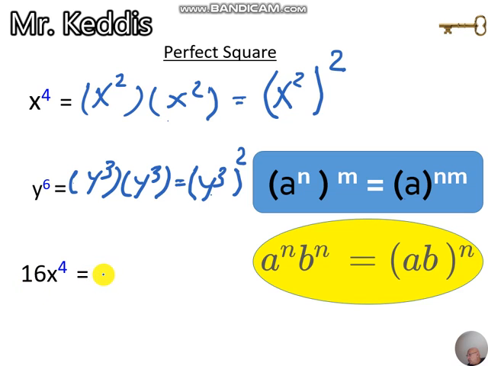16 here, which is 4 squared, x to the power of 4. But I'm going to write x to the power of 4 as x squared raised to the power of 2.